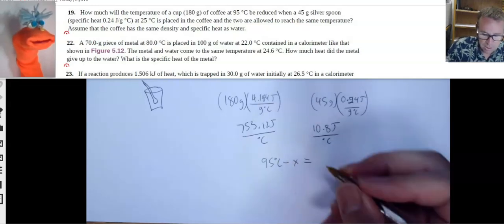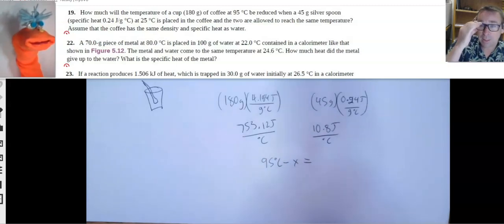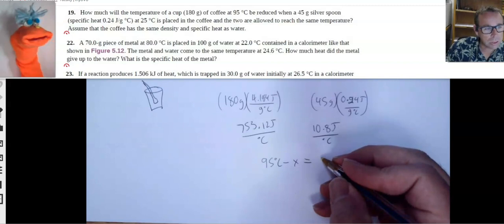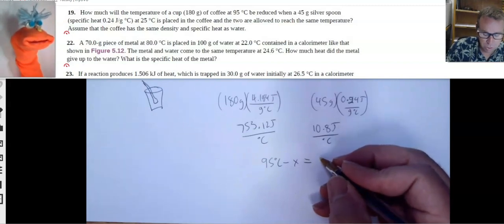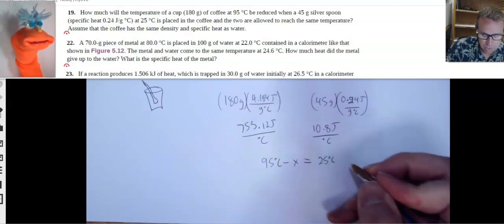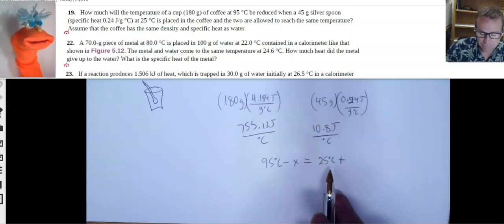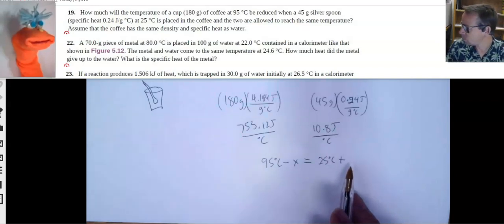Alright, and the resulting temperature in the end, this side, the coffee, is going to be equal to the resulting temperature of the spoon, which starts off at 25 degrees Celsius, and it goes up some amount as well, right?